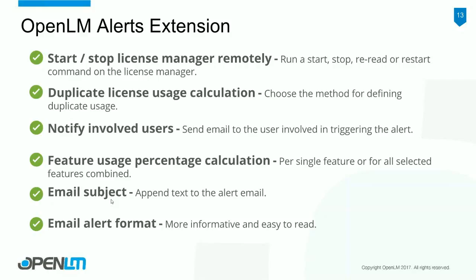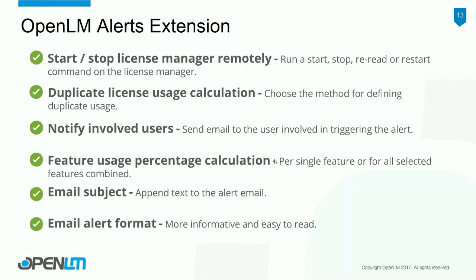Also, now the feature usage percentage calculation has been changed. So there's an alert to alert you once a usage percentage of a certain feature has been tripped. The condition has been tripped. So now you can select, do you mean to get notified when the first feature trips the condition, or when all of them trip the condition?